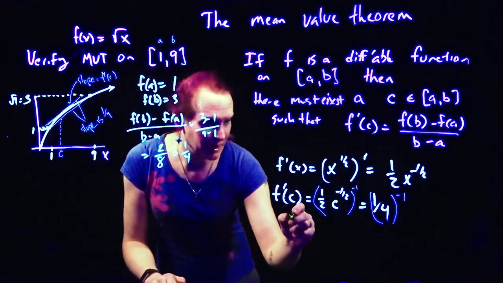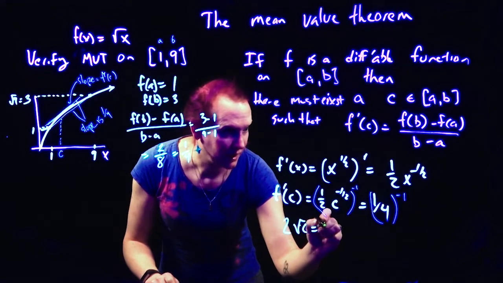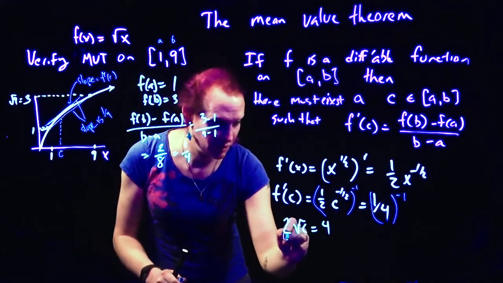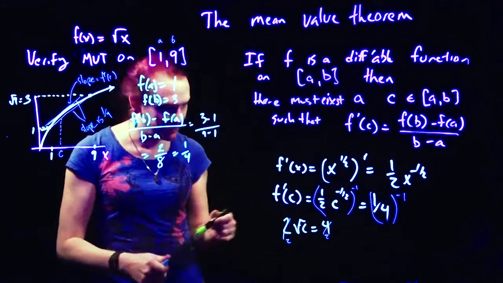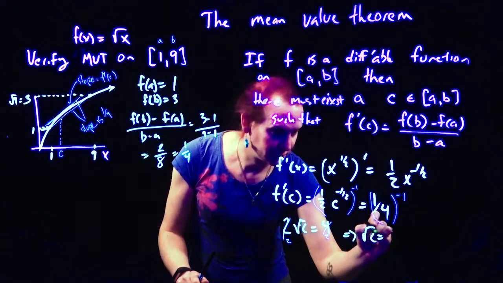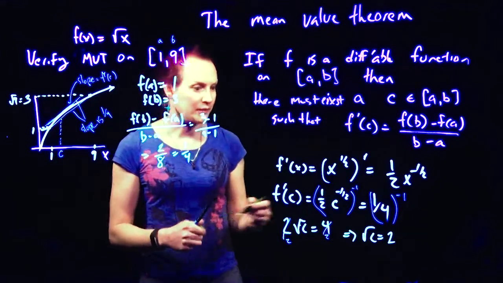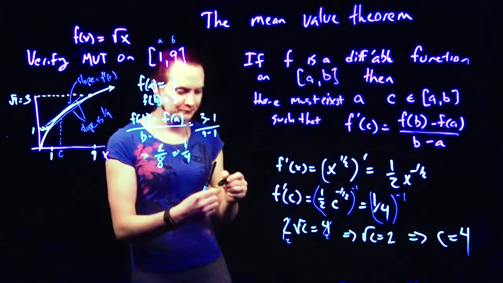So the next line in my calculation would be that 2 times the square root of c is equal to 4. And let's divide by 2. And so we get root c equals 2. And so then c is 4.